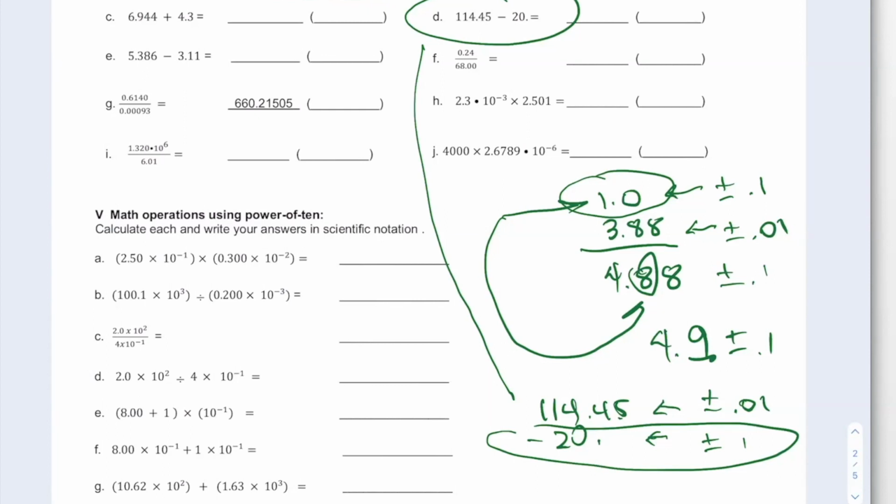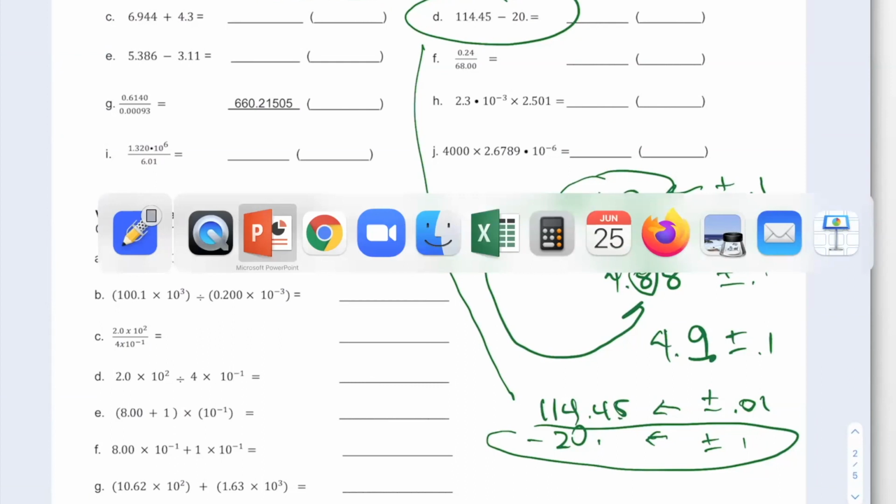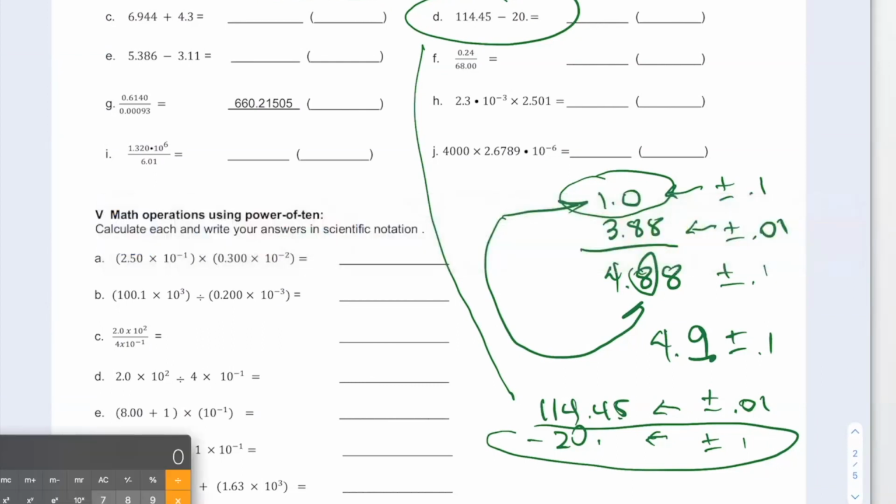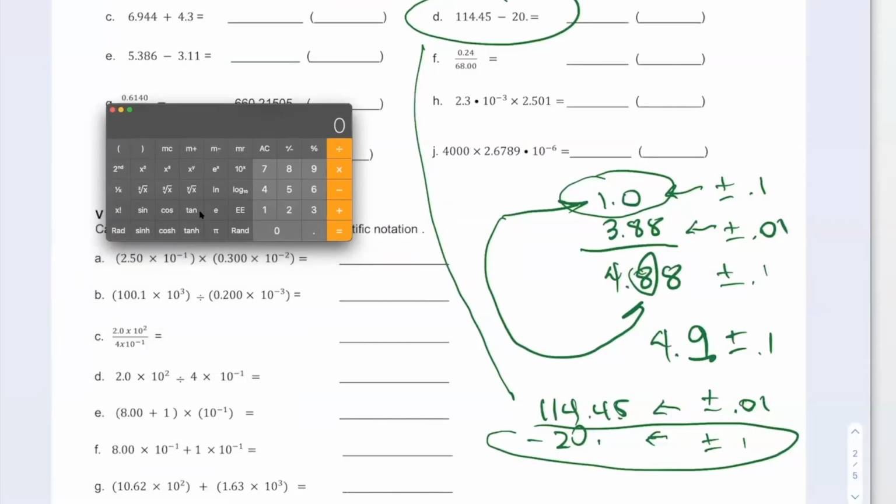114.45. And when you do that, let me just show you this calculator because I want to make sure that you guys are able to see that. Okay, so if I take my calculator and I do 114.45 and I subtract 20, this is the number I'm going to get, 94.45.